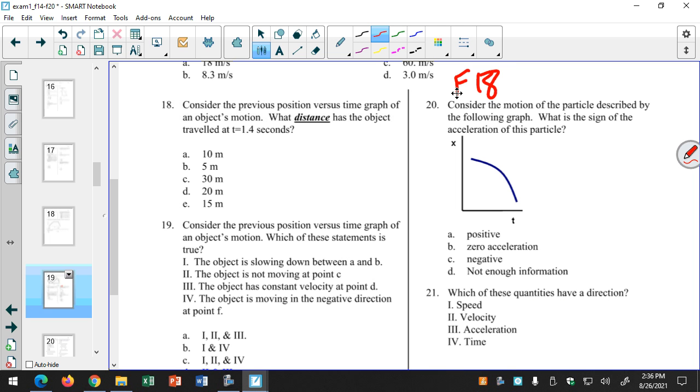What is the sign of the acceleration of this particle? I'm going to give you some rules tomorrow that'll look something like this. If the velocity and acceleration are in the same direction, it's increasing speed. Okay?